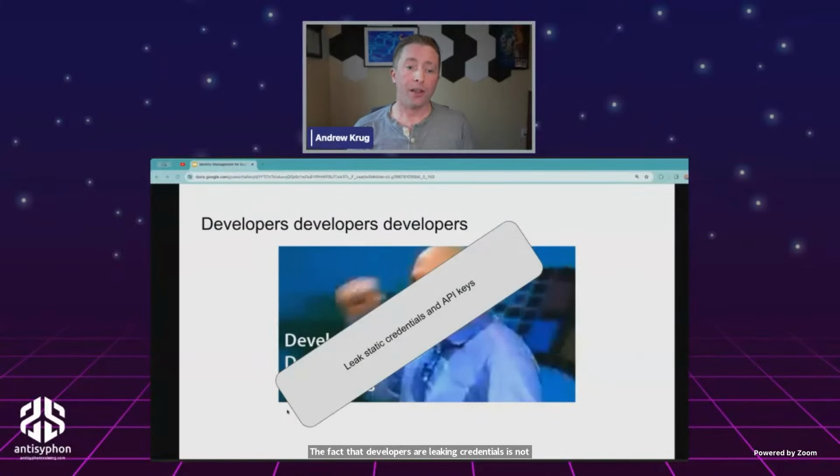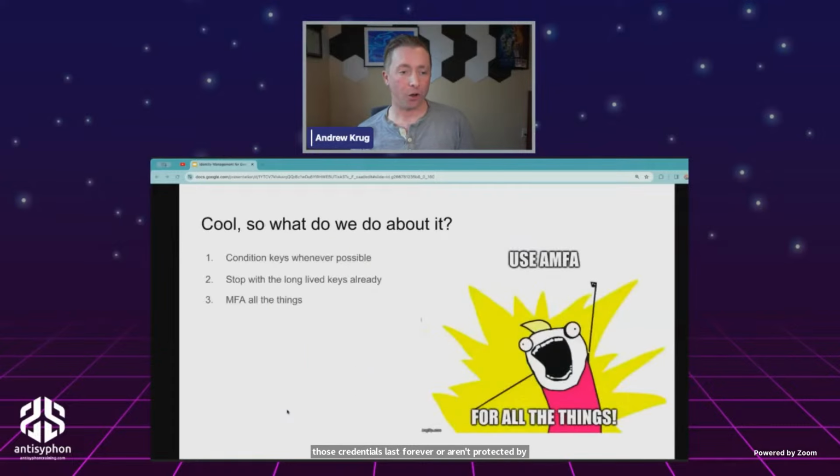The problem is really more that those credentials last forever or aren't protected by second factors. So we can kind of band-aid that a little bit by putting condition keys on those long-lived credentials and saying, hey, you can only use this if you're coming from this VPN, or you can only use this if you're inside of the cloud provider environment. Or you can only use this with MFA, but really we've got to get rid of long-lived credentials as an industry from pretty much everything.